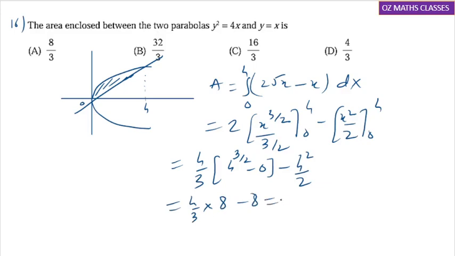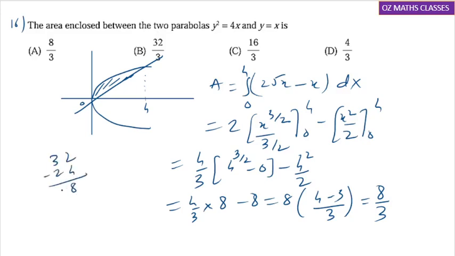So take the 8 common, and 4 minus 3 by 3. So you will get the answer 8 by 3. So the answer is 8 by 3.